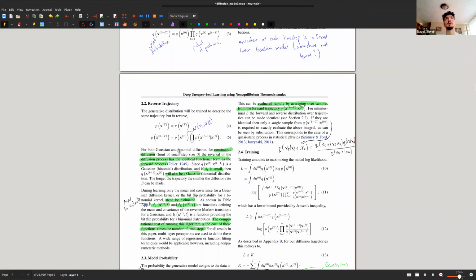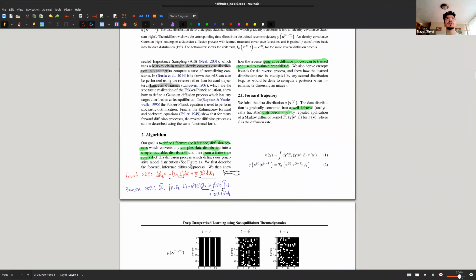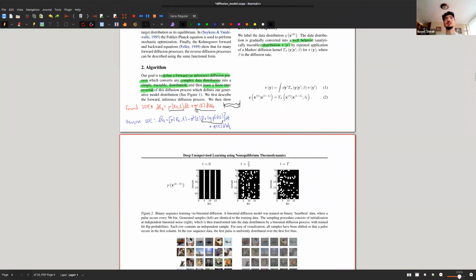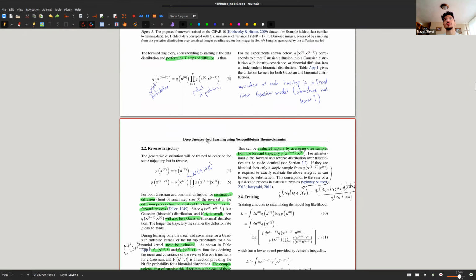They do a Gaussian and a binomial diffusion example. In the continuous diffusion limit, the reversal diffusion process has identical functional form as the forward process. This is what they mean by the SDE problem here. You have your drift term and your sigma t for your variance. You can write both down analytically.